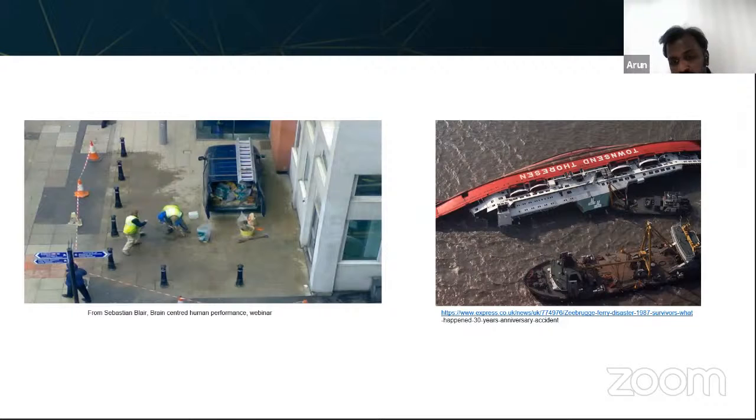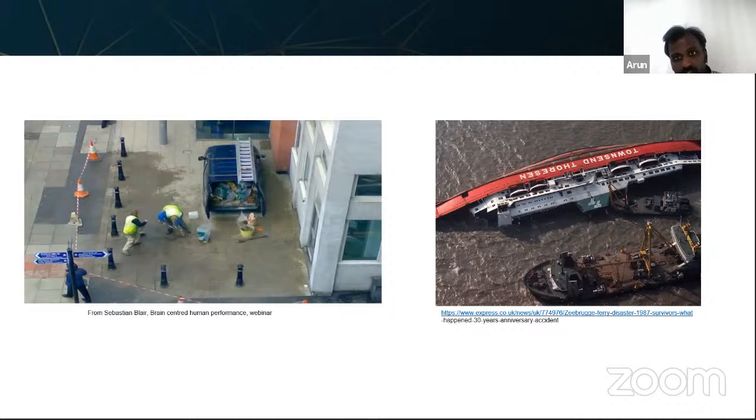When they tried to operate this ferry, the operator forgot, and the ferry started to sail with the doors open, and that's where the water started getting in, and this cost the lives of, I think, 193 people.